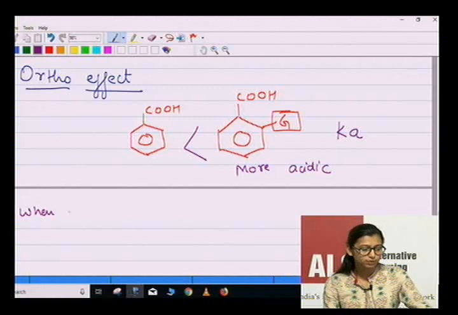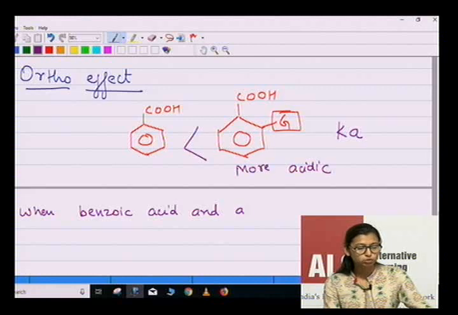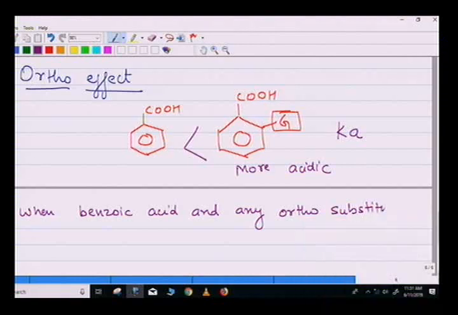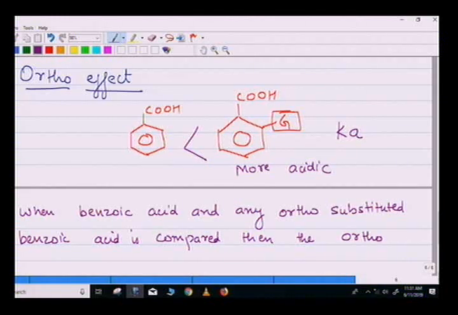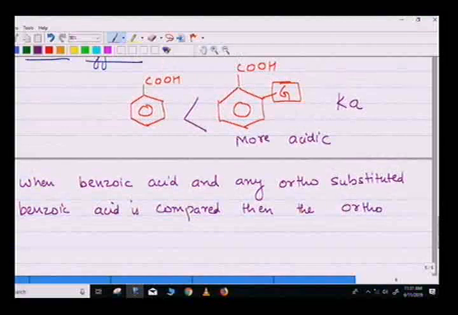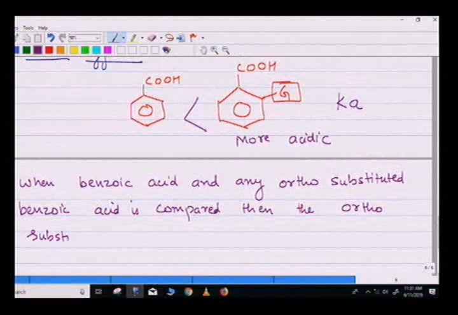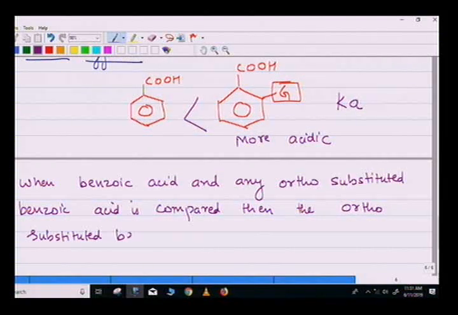I am writing here also: when the benzoic acid and any ortho substituted benzoic acid are compared, then the ortho substituted benzoic acid is more acidic.